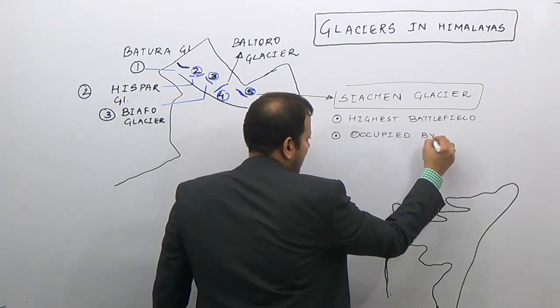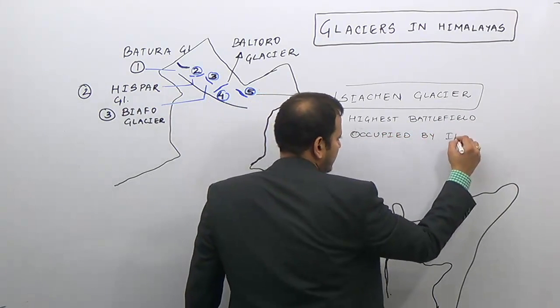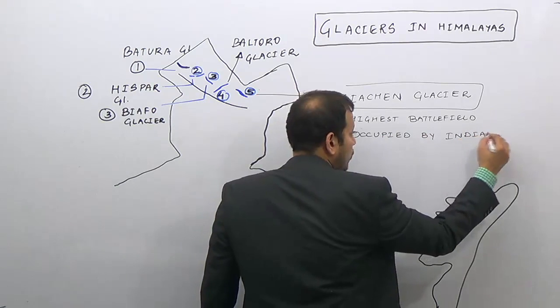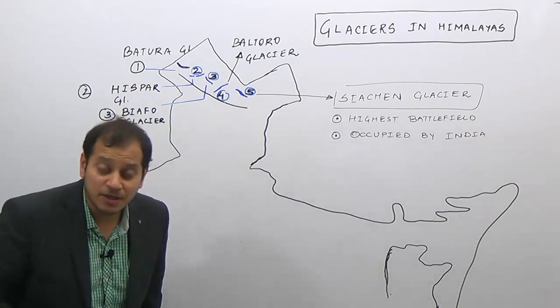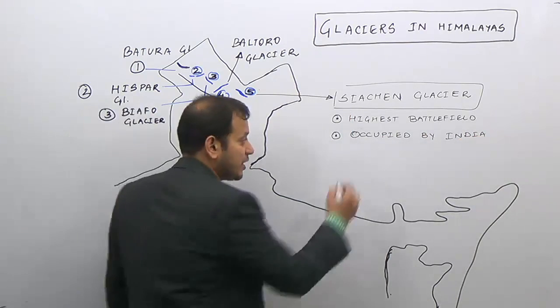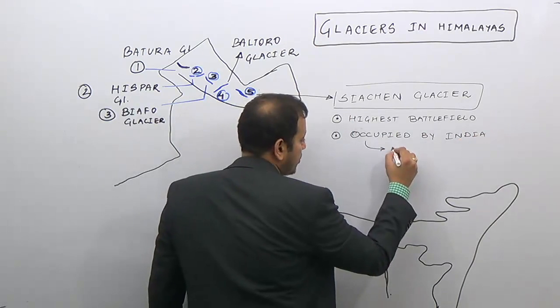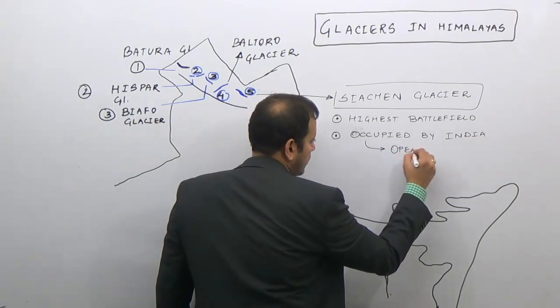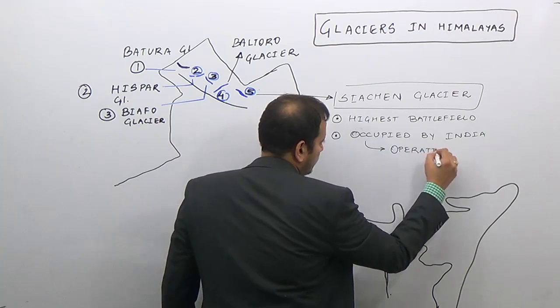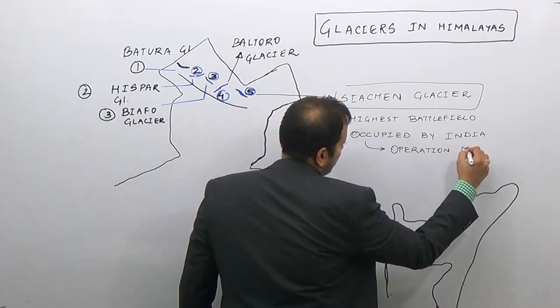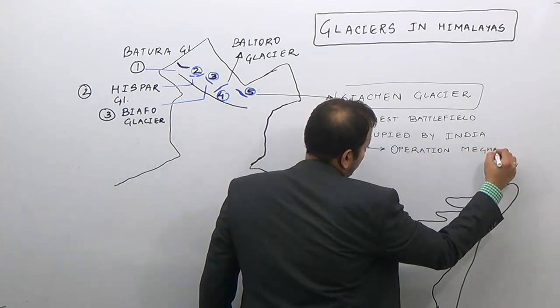What was the name of the operation through which the Siachen Glacier was occupied by India? Operation Meghdoot.